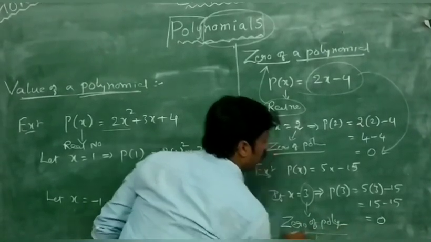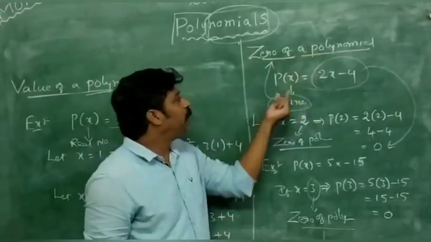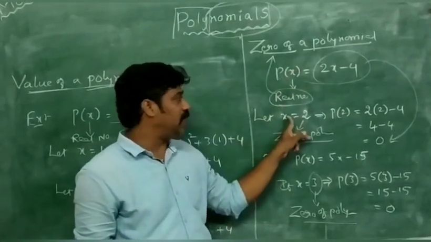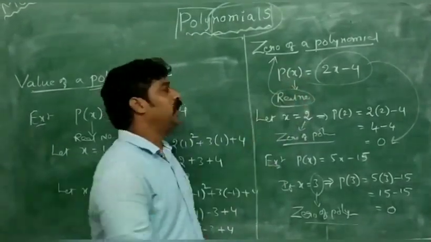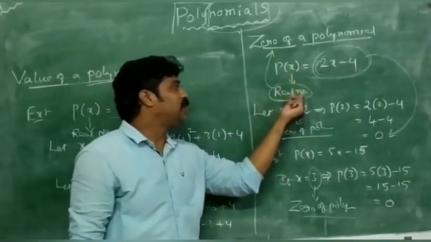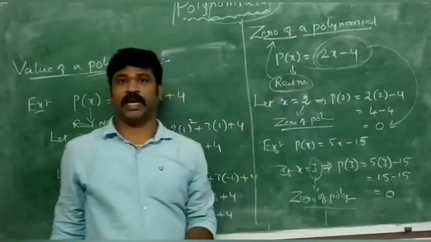So simply we can say that the zero of a polynomial is nothing but, if p of x is any polynomial and in place of x you substitute real numbers, and after substituting the polynomial becomes 0, then the value which we substituted in place of the variable is the zero of that polynomial.